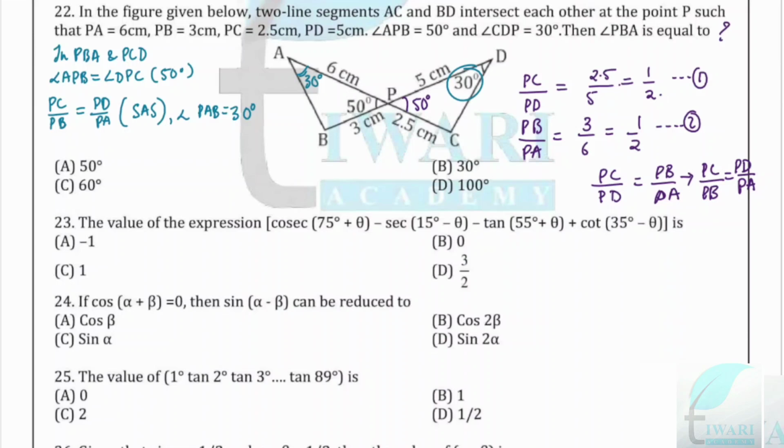So the remaining angle we can find, because in a triangle, angle 30 plus angle 50 plus angle PBA should be equal to 180 degrees, because this is the angle sum property of a triangle. So angle PBA will be 180 degrees minus 80, that is equal to 100 degrees. So 100 degrees, option D is the right answer.